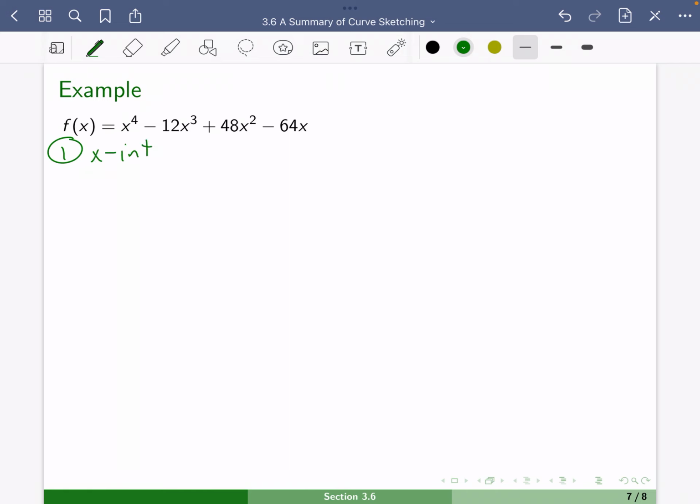So we set our function equal to 0, and we can factor out an x.